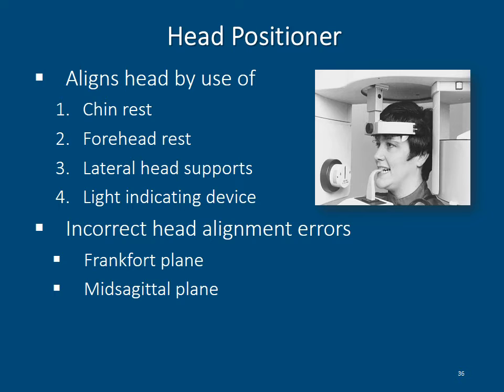These apparatuses are adjusted as you place the patient into the bite block, and you secure these handles around their head. There are lights that will radiate onto the patient's face, which will help you get the correct Frankfurt plane and mid-sagittal plane to ensure that the head is straight and that the chin is in the right alignment to the floor. There is a chin rest, a forehead rest, lateral head supports, and lights indicating the proper alignment.